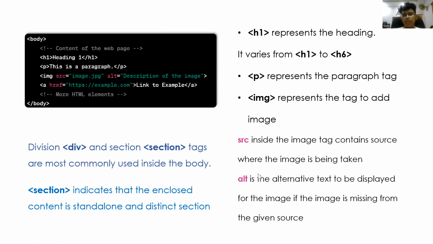And alt, the alternative text, is displayed instead of the image when the image is not present or is missing from the given source. And the main part, the most commonly used tags are in head, body, and section. The difference is that the section indicates that the enclosed content is a standalone and distinct section.